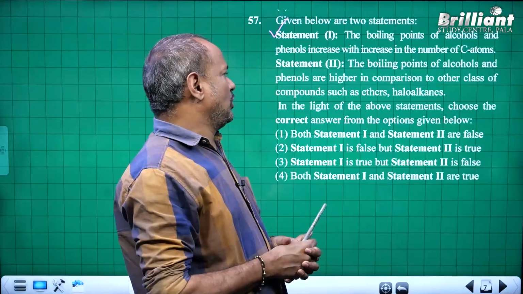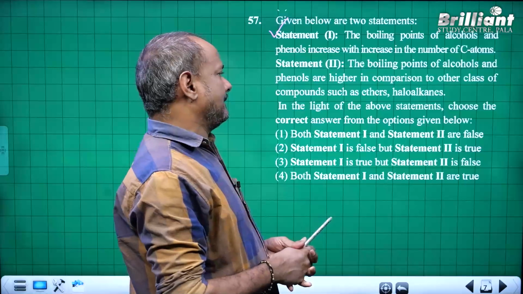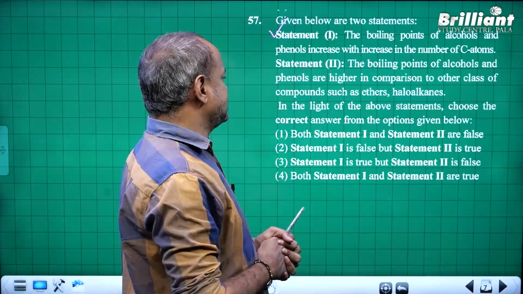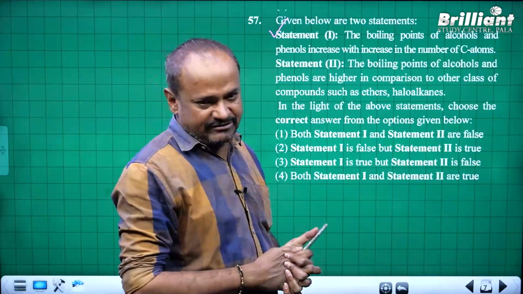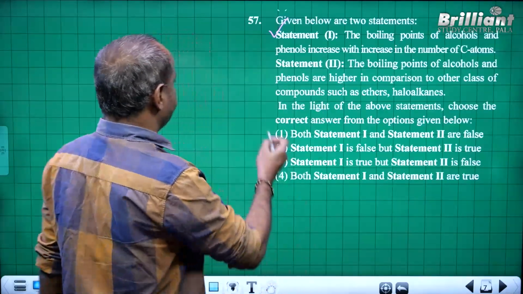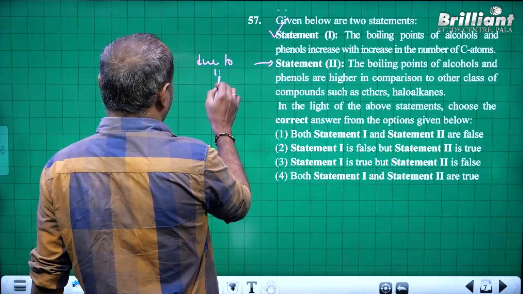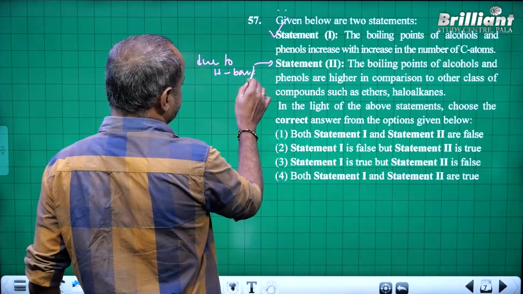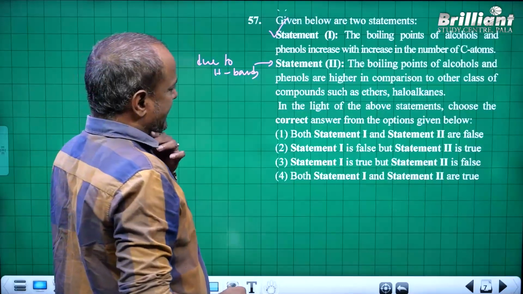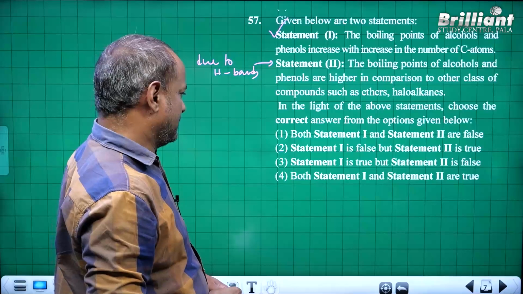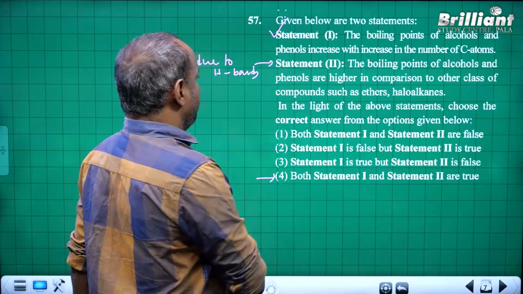Statement 2, boiling points of alcohols and phenols are higher in comparison to other classes of compounds such as ethers and haloalkanes. Correct one, because they have hydrogen bonds. Due to hydrogen bonds, alcohols and phenols have high boiling points. Both statements are true. Option 4 correct one.